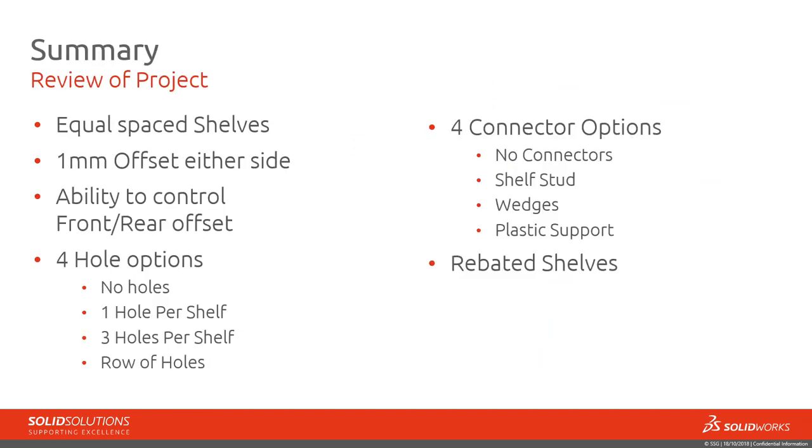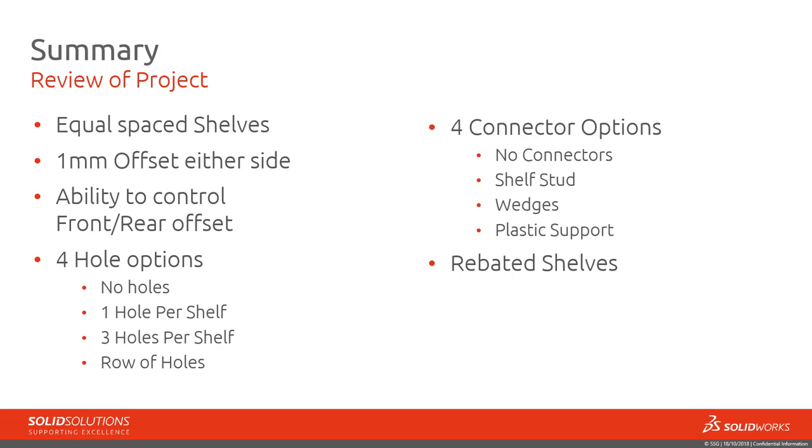Finally, just to summarize what we've covered in this PowerPoint, we are coming to the end of the SWOOD project here, and just reiterating what we went through in the design brief and the videos that have been displayed in the PowerPoint. We've set up a set of equally spaced shelves as a SWOODBox, which will allow us to bring it into the various SWOOD frames that we'll create from this.